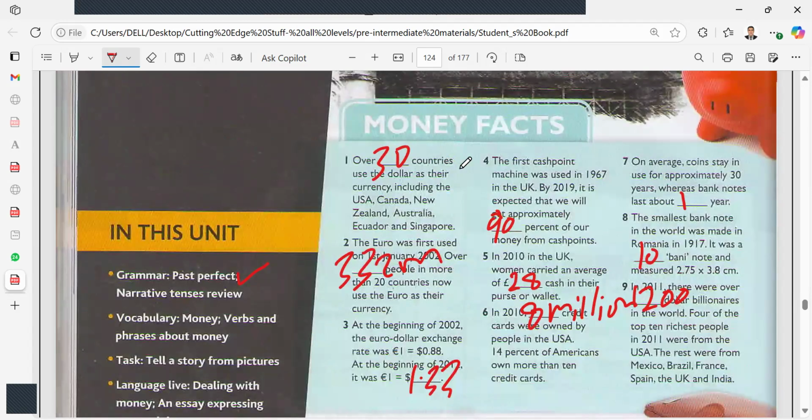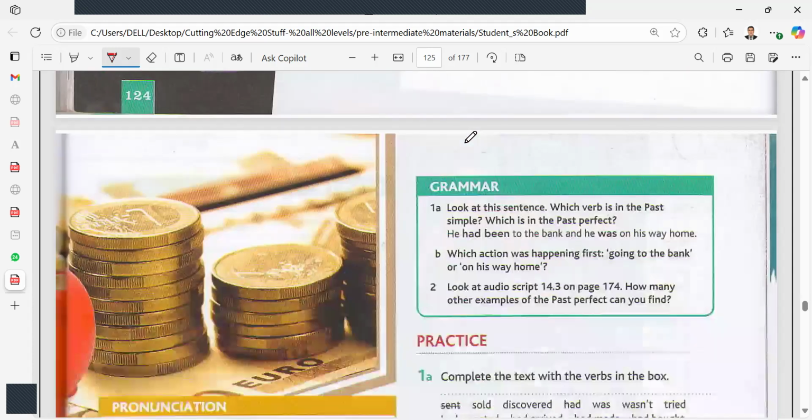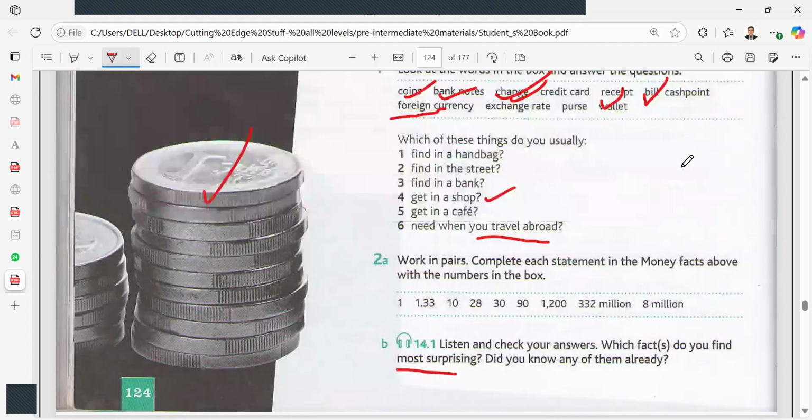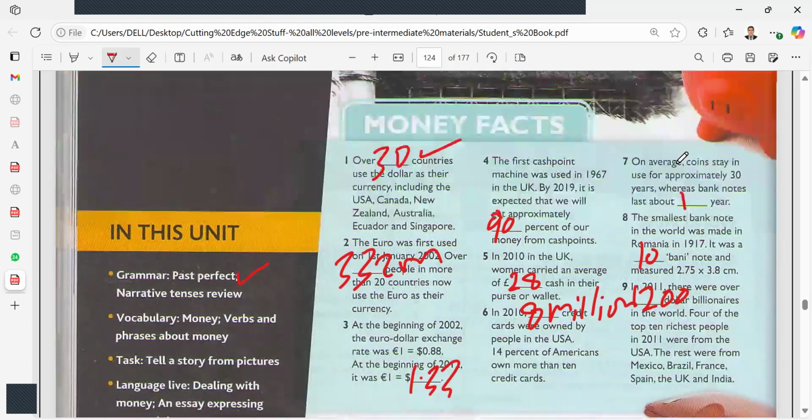So how many countries use the dollar as their currency? 30 countries. Okay. And now, which is the most surprising for you? One, that over 30 countries use the dollar. The first one is the most surprising fact for you.